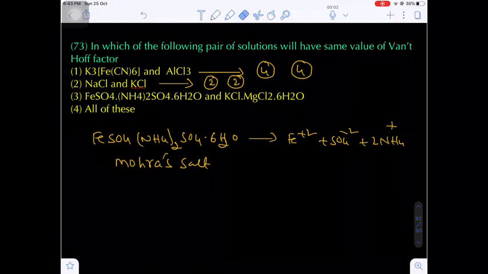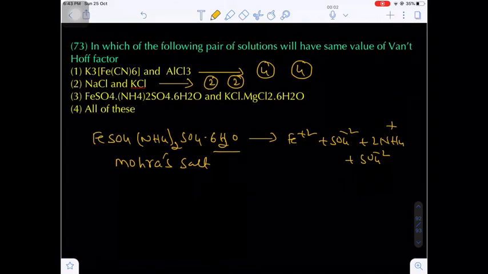Total 2 moles of sulfate ion. Now how many particles are produced in total here? Remember, water is neutral. We should not consider water as H+ and OH-. We have to only consider the cation and anion. So the total number of ions: 1 Fe2+, 2 sulfate 3, and 2 ammonium 5. So in total we have 5 particles in Mohr's salt.